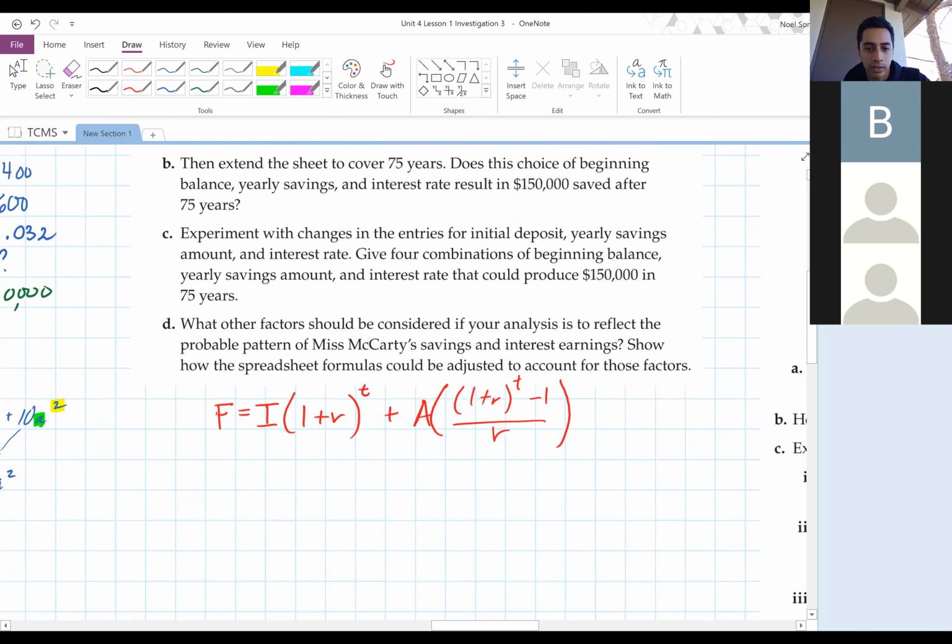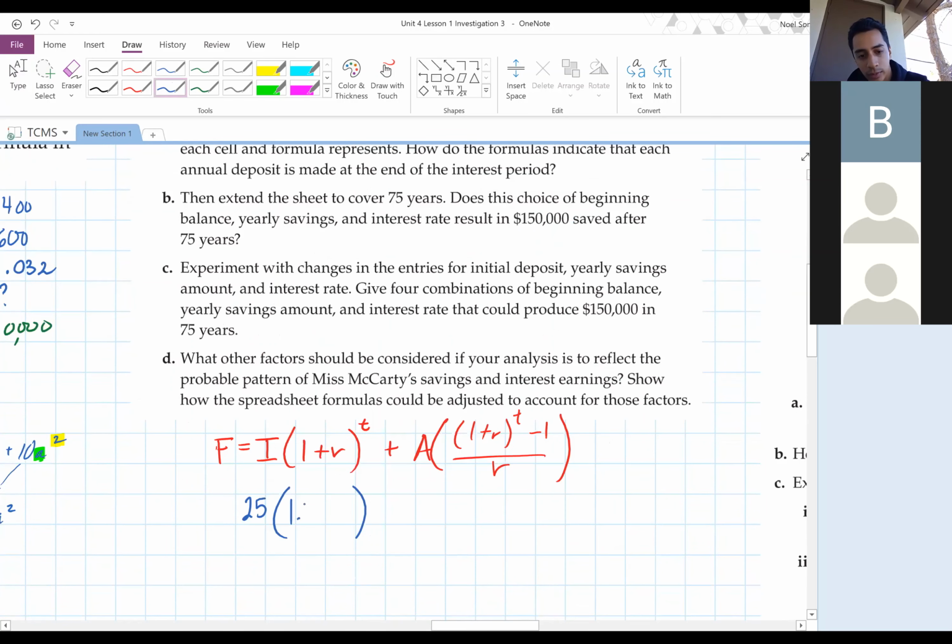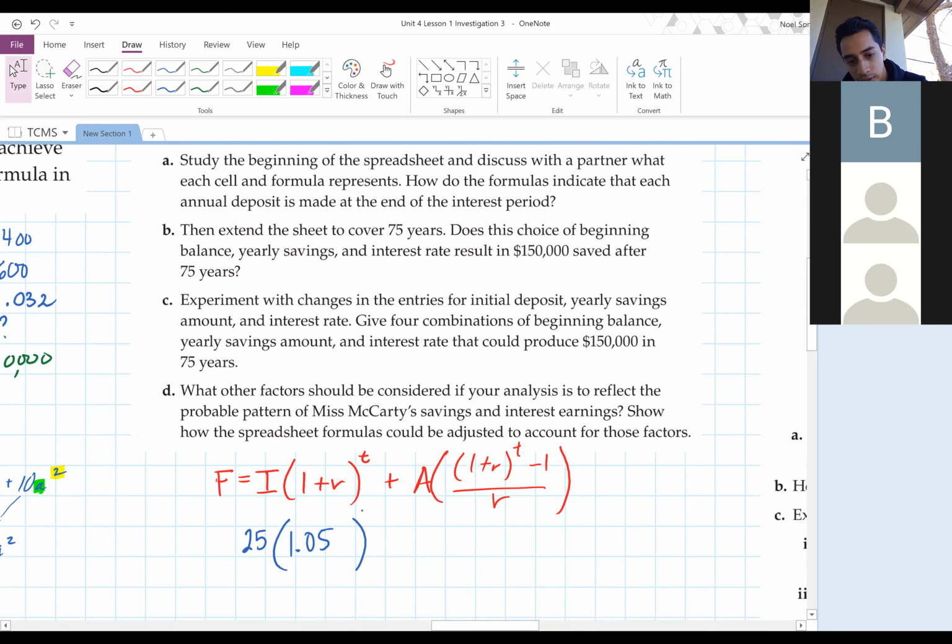And so what we can do here is just fill in what we know. We know that the initial deposit in this case would be $25. Then 1 plus the rate. The rate is already set up for us here as a decimal, so we can just use that. When we add 1, it'll be 1.05. And the time that we're trying to determine this over is 75 years, so it's just 75 to that power.